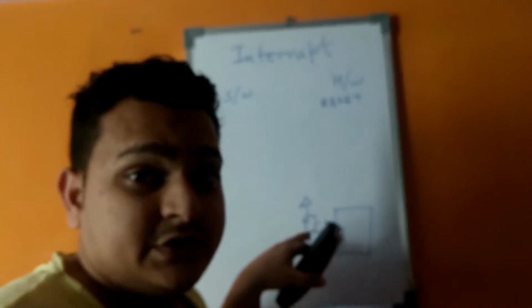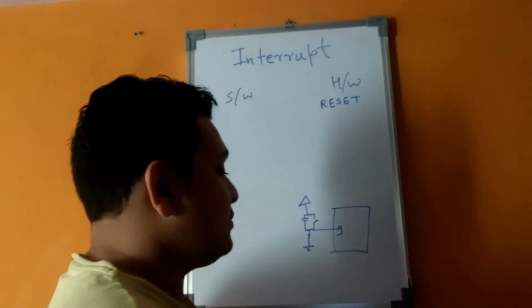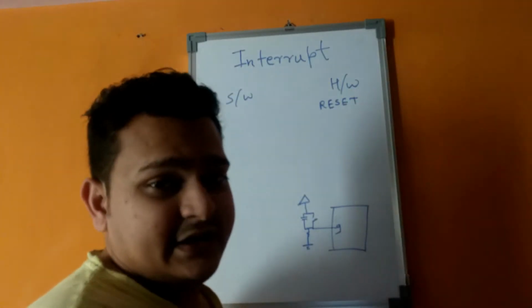So this is the operating circuit of the 8051. Whenever you press this button, an interrupt is generated and your program starts re-executing from the first line. So this is the reset switch, and this is also an interrupt.